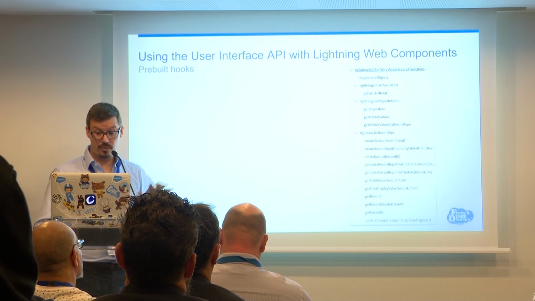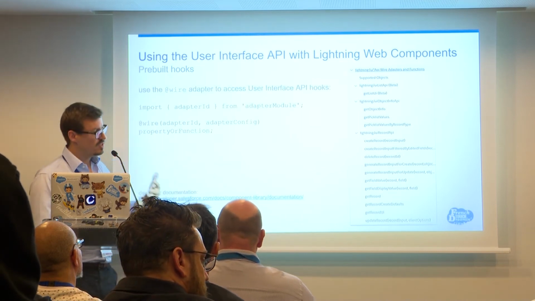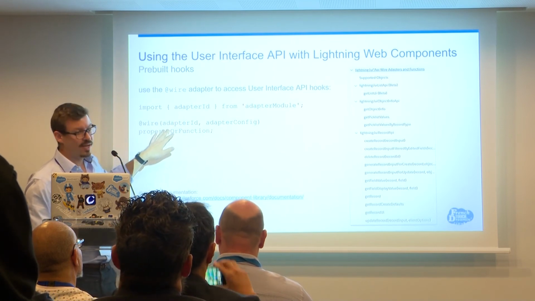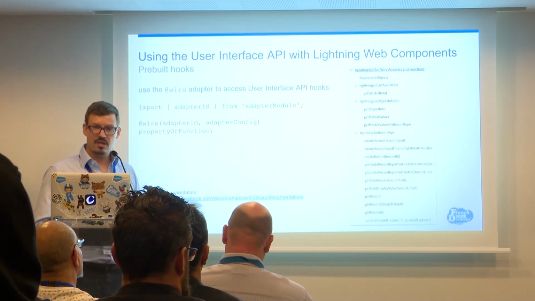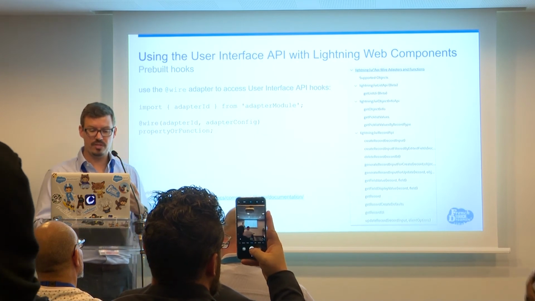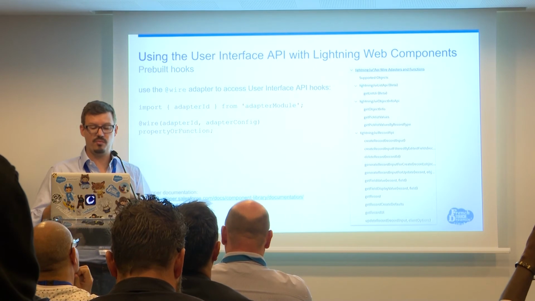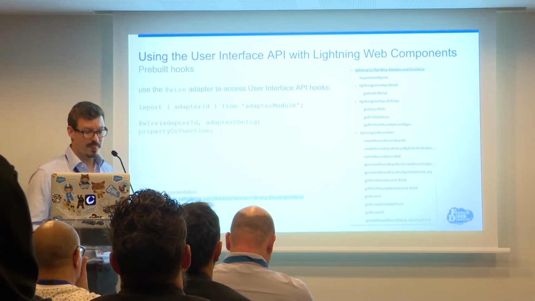So we have these pre-built hooks, and to understand how to consume them, we need to go a little bit into the Lightning Web Component implementation. It's the so-called wire service. When you go to the documentation, the wire service is just a pre-built syntax to consume this link between your implementation and this API.